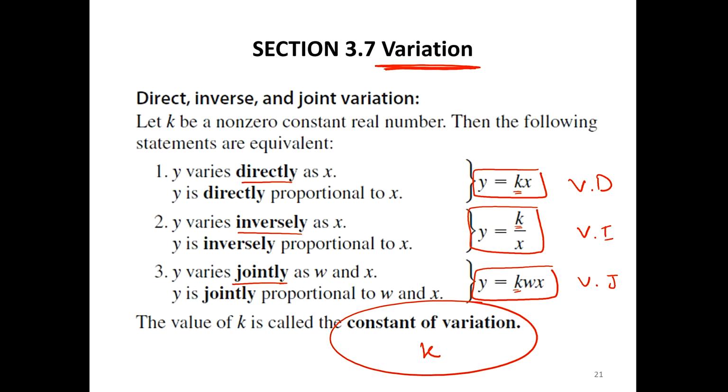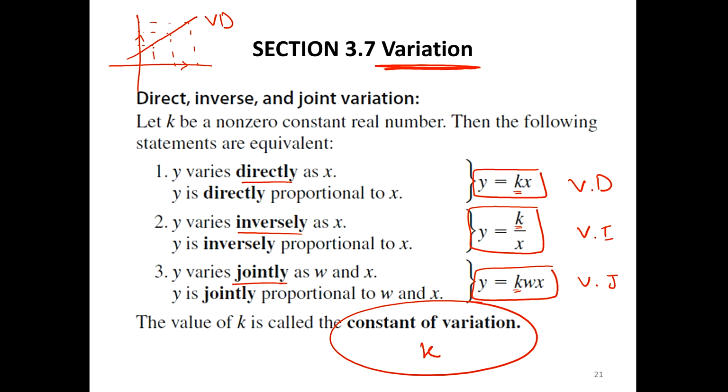But look at the relation between Y and X. At an increase of X, we have an increase in Y, for example like this. This is direct variation. Whenever X increases, Y increases, of course with the constant of variation K.